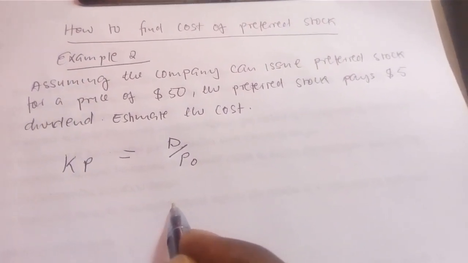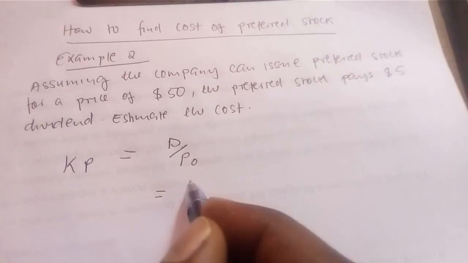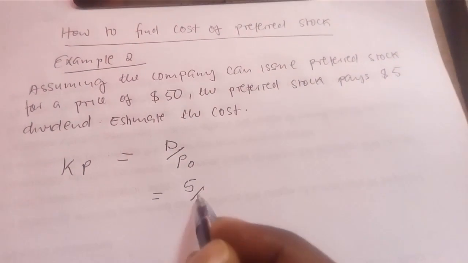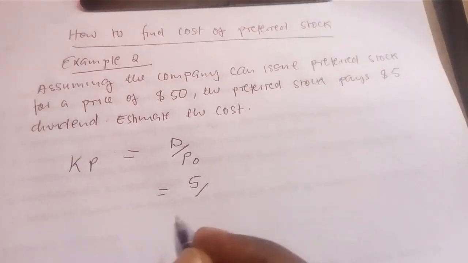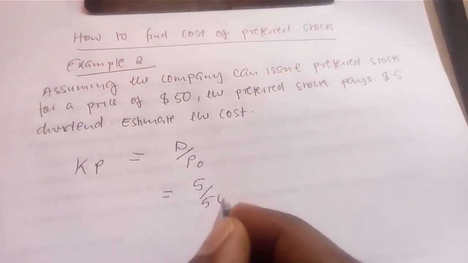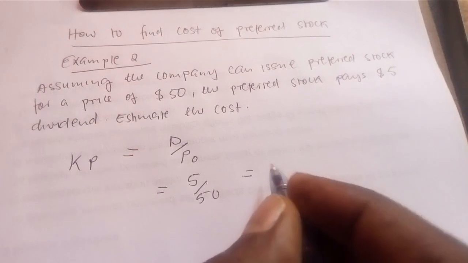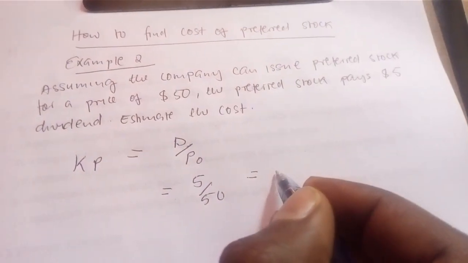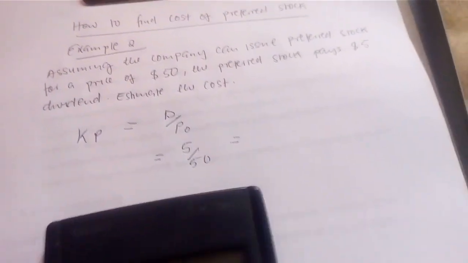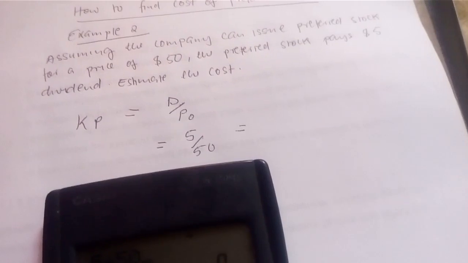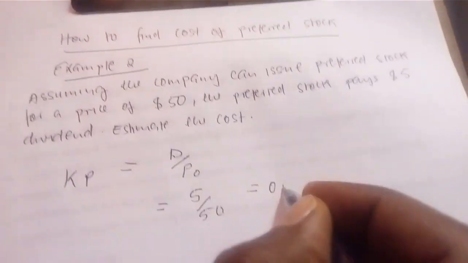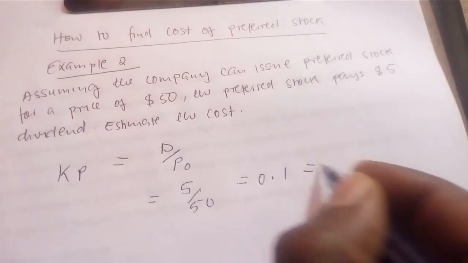In this case, our dividend has been given to be $5, then we just divide by its current price, which is 50. When we punch in, that will be 5 divided by 50, giving us 0.1, which is the same as 10%.